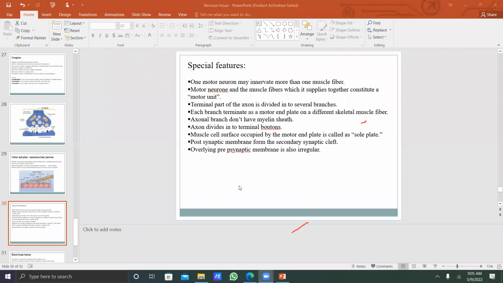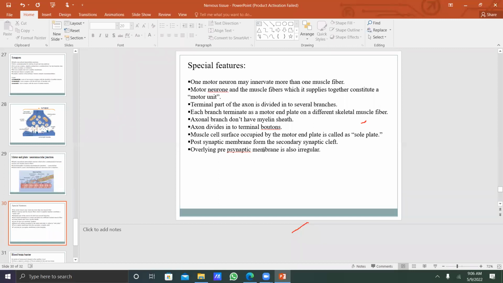And therefore, the irregular postsynaptic membrane forms secondary synaptic clefts. And the overlying presynaptic membrane is also irregular.